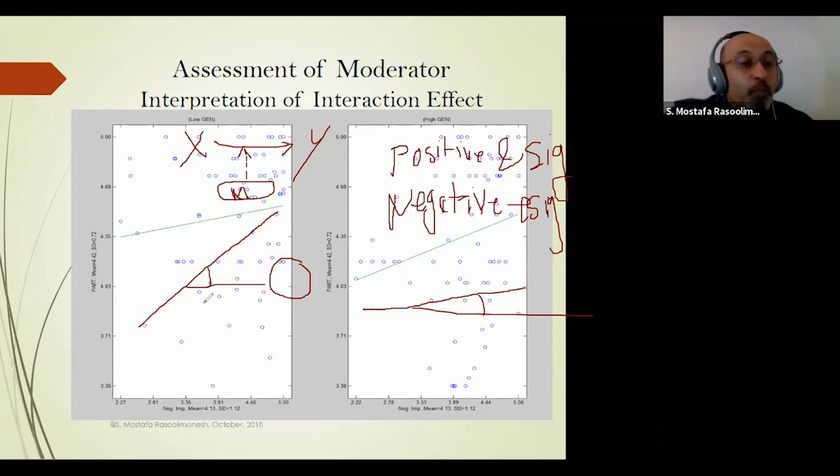So when we say M positively moderates the effect of X to Y, it means the effect of X to Y for high level of moderator should be stronger. When we say negatively moderate, it means the effect of X to Y for high level of moderator should be weaker, and for low level of moderator should be strong, right?